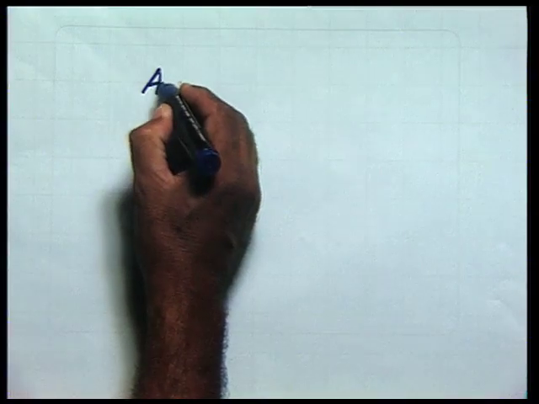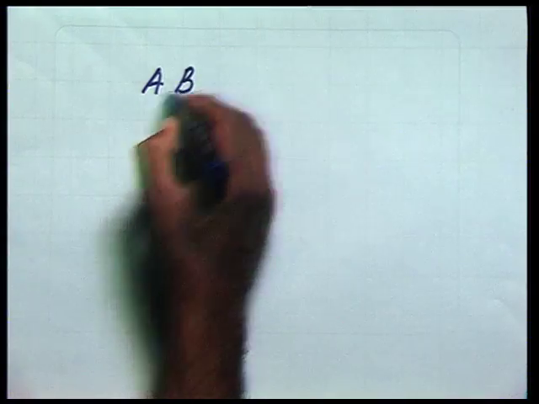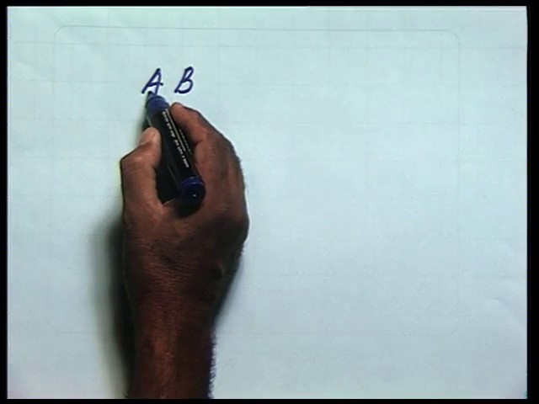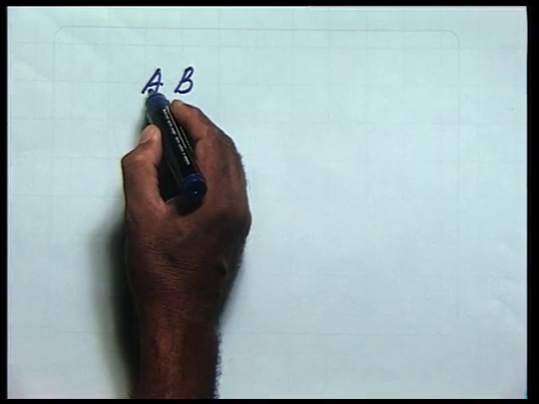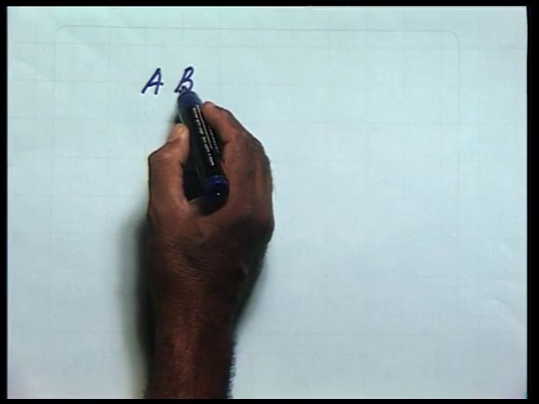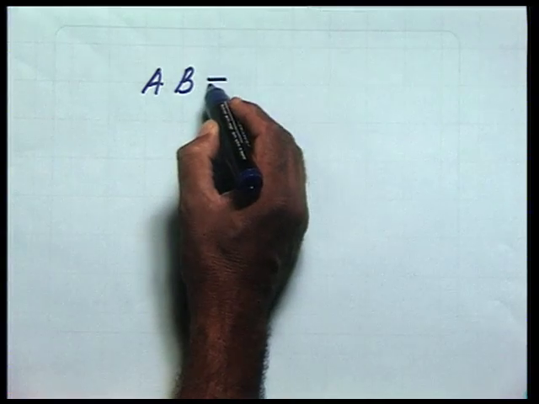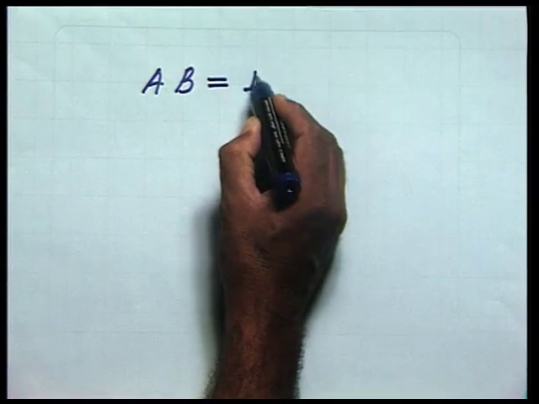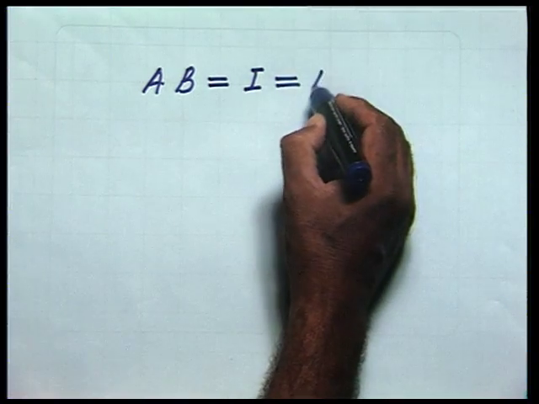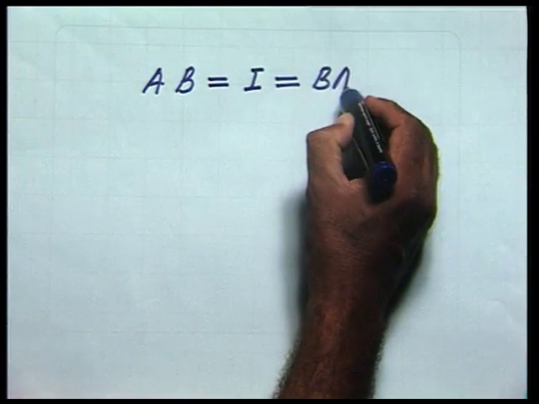Now, when we talk about the inverse of a matrix, if I say the matrix A and another matrix B, and we have found that B is the inverse of A, then what is the product going to be? Naturally, when the inverse is multiplied with the matrix, we should get the identity matrix, and this value will not change even if the order of multiplication is altered.